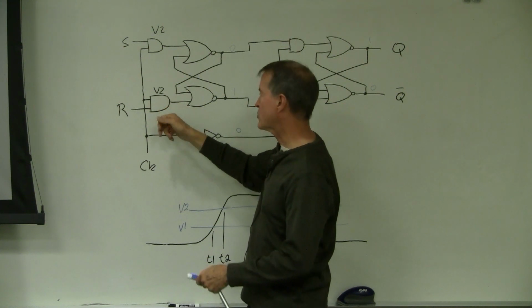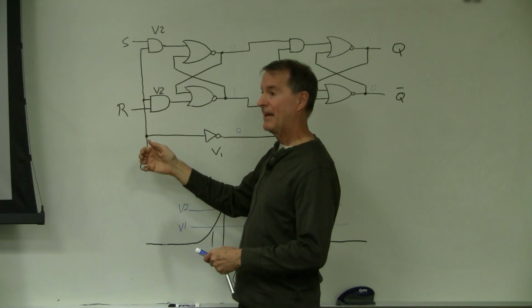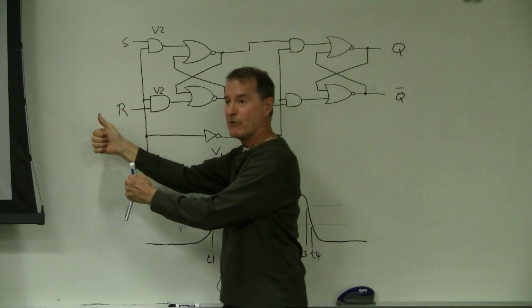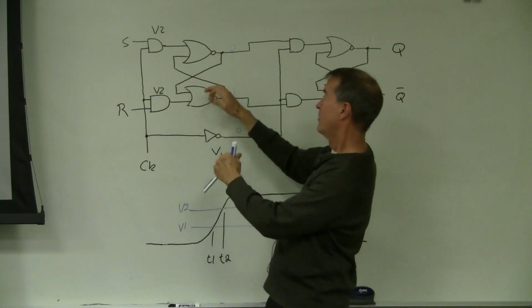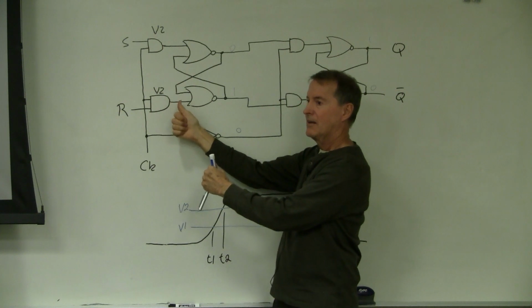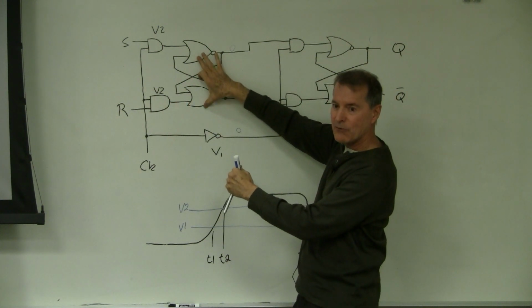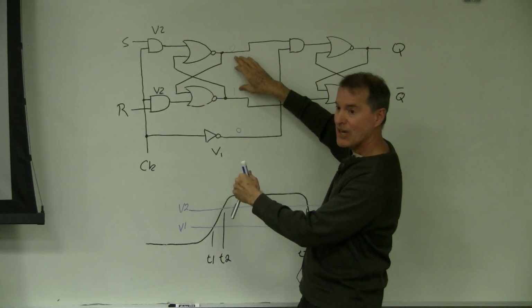That's the threshold. And so these gates open up, and what do they allow to happen? This S and R from outside now can get through to what? Wait, no, not to the slave. This S and R can get through to the latch, the first latch. And that might change this.